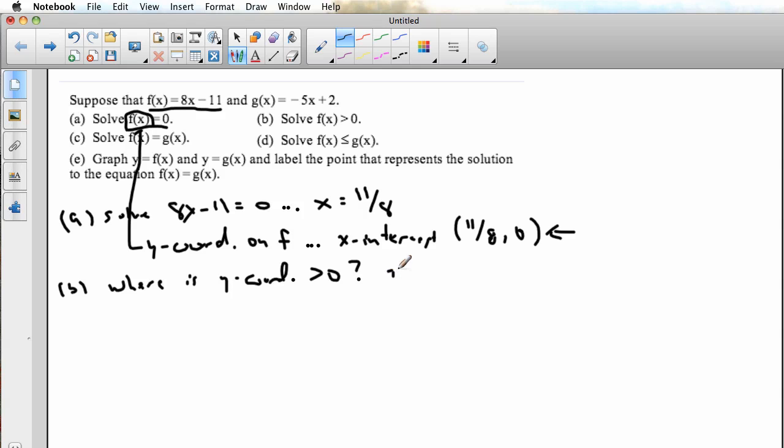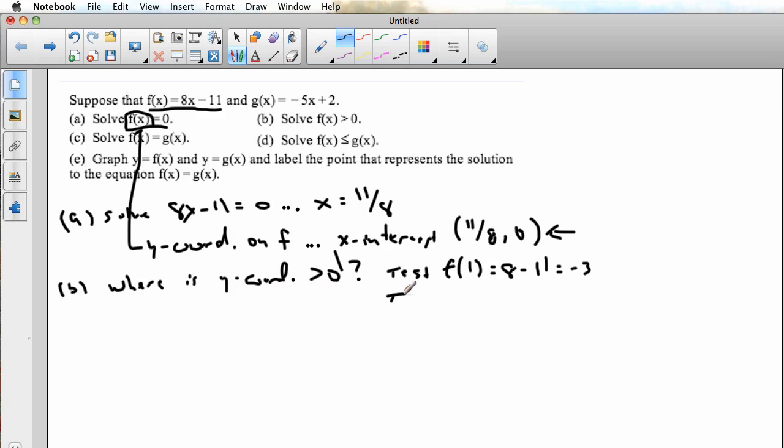So I could just test an x-coordinate that's less than 11/8. Let's try f of 1. 1 is less than 11/8. f of 1 is 8 minus 11, using the formula for f, which is negative 3. So when the x-coordinate is less than 11/8, my y-coordinate is negative.